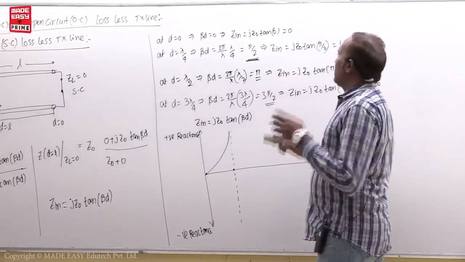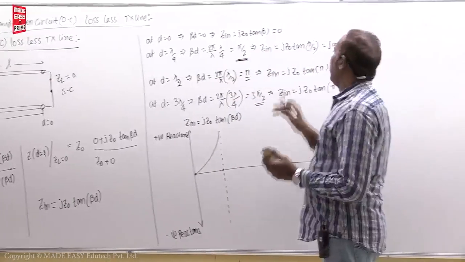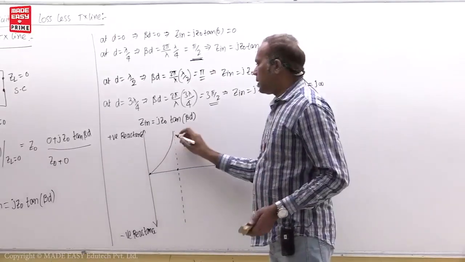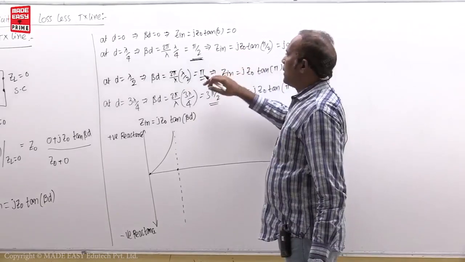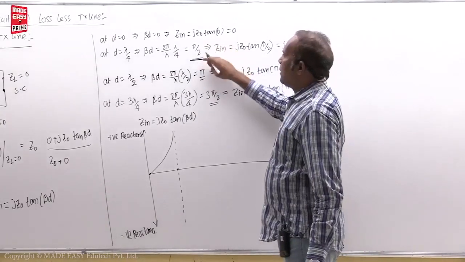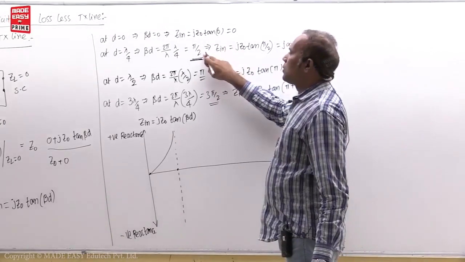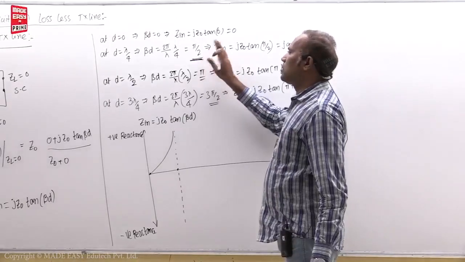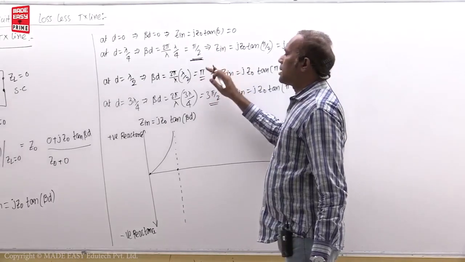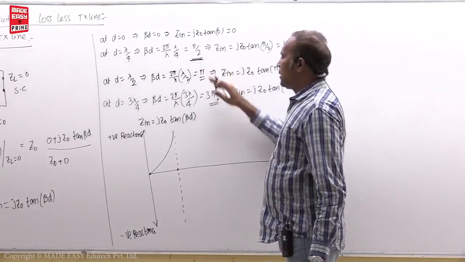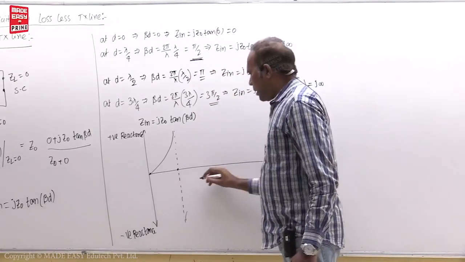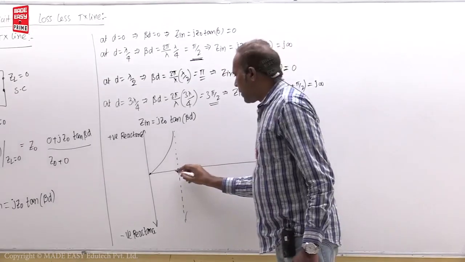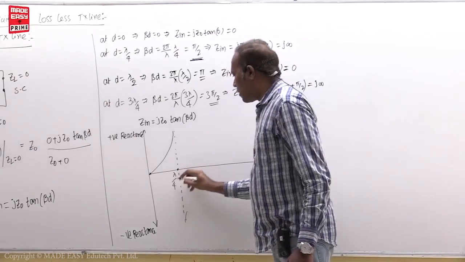Whenever it is j infinity, it is going in the first quadrant. Then the angle is increased a little, the value is infinity only, but it goes to the second quadrant. So tan is negative in the second quadrant, and that is why it starts here again. And this distance is lambda by 4.